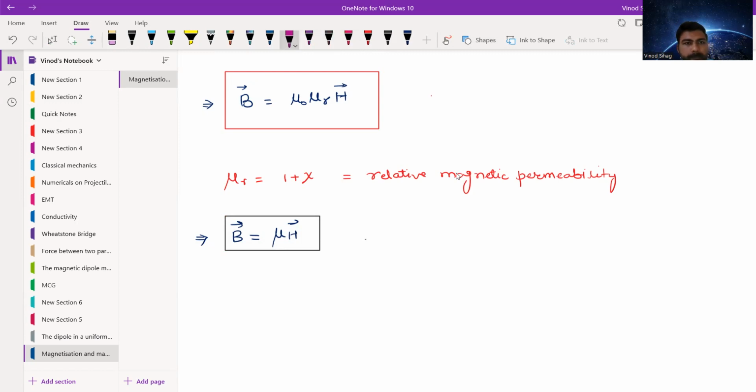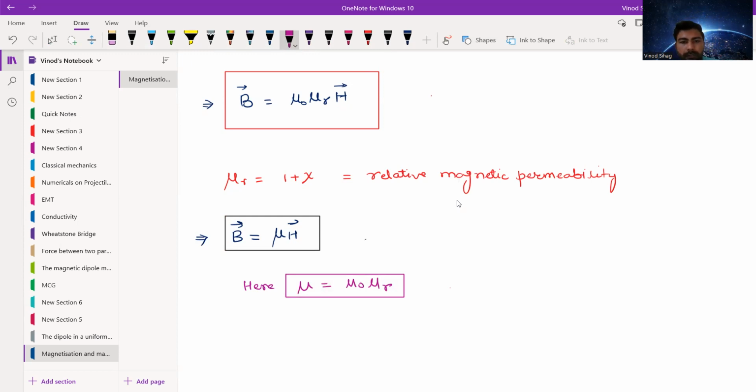Mu equals mu naught times mu r. So this is the simple equation we use. Here the permeability of the vacuum, or free space, and the relative permeability are multiplied, and this quantity is called the magnetic permeability of the material.